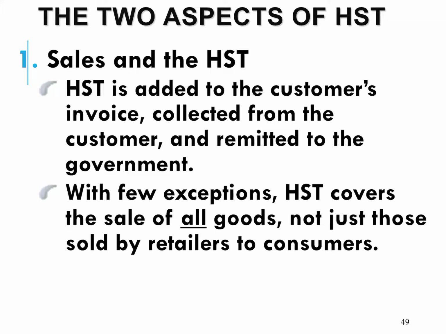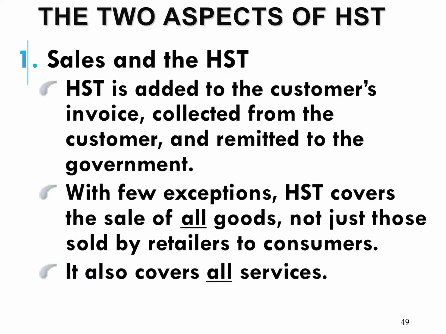So there are some distinctions that can happen, but there are certain exceptions, and we're not going to be going into all the different kinds of rules and other things because certain things would be applicable with HST and certain things won't. Okay? And so, like I said, it covers all services. And so that's a key difference to understand.